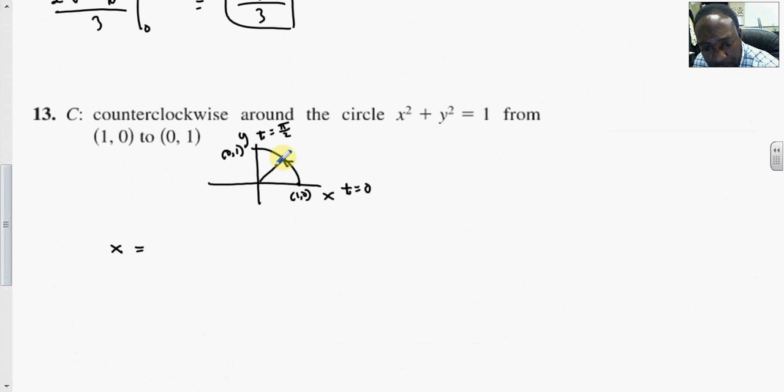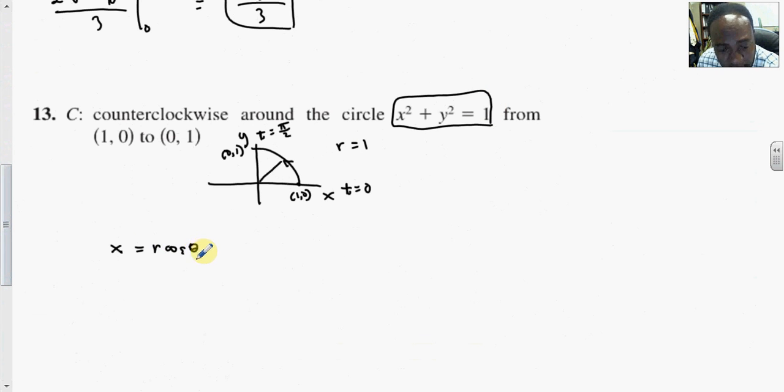here. This has a radius of 1 because of how this circle is defined. So x is equal to r cosine theta, what we use in t. I know this is 2 variables, but r is going to be fixed.